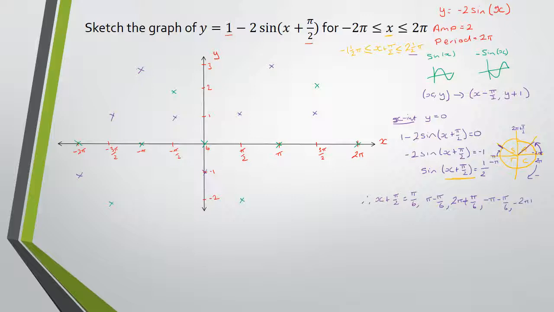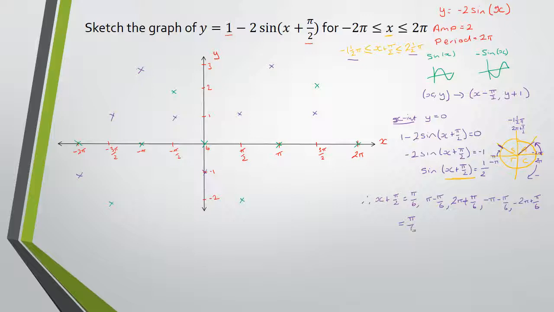Now, is this solution actually going to be within the given domain? Because our domain just goes to negative 1.5 pi, I actually think it won't, because negative 1.5 pi would be located there. But if you're ever not sure, it's always better to put more solutions to start with, and at the end check if they appear in the domain. So even though I know that this final solution is not within the domain, I'm going to leave it there for now, just to show you, if you weren't sure, how you would work this out down the track.